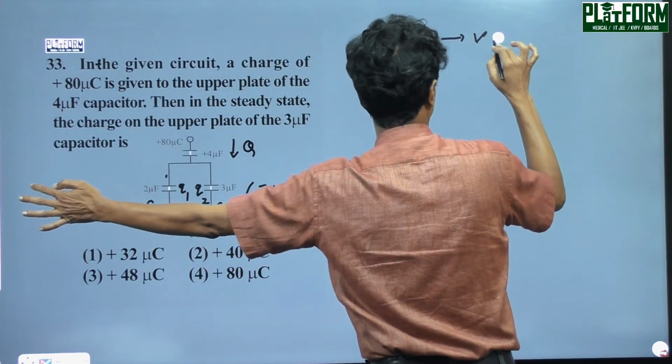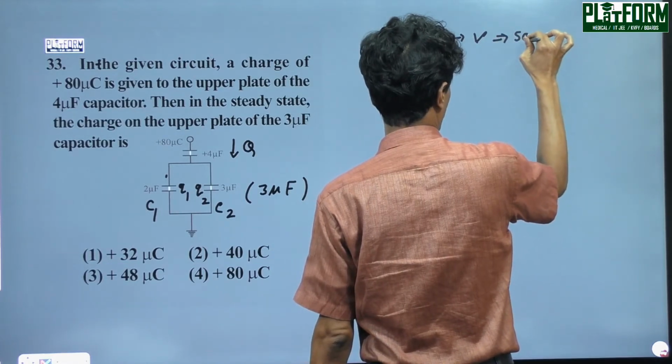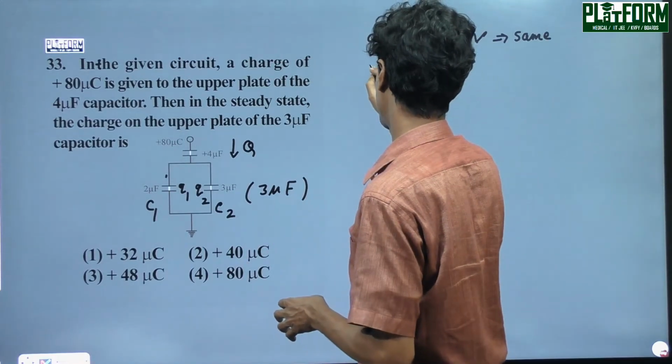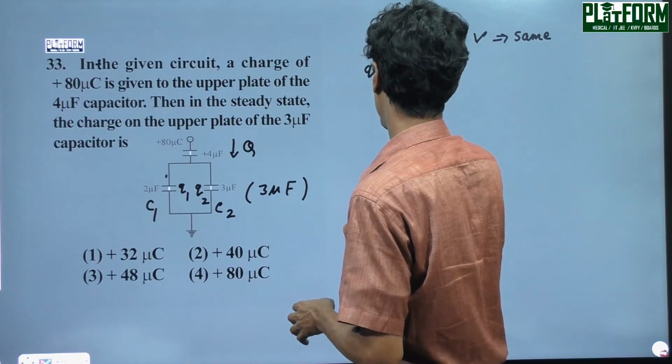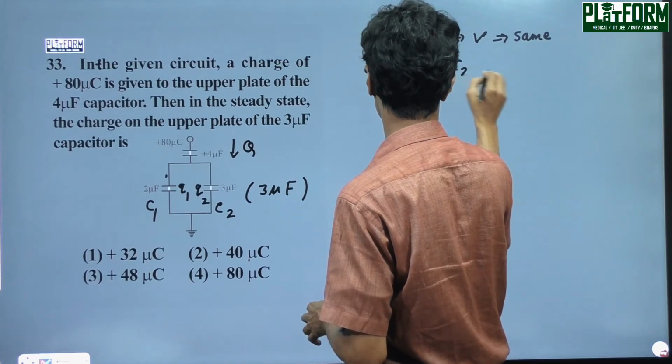V is the same for both condensers. So the charge divides into parts in direct ratio of capacitances.